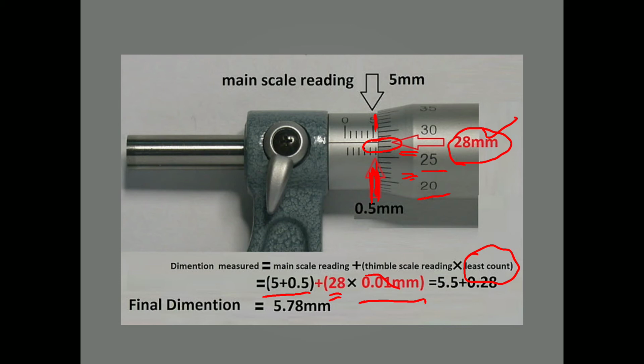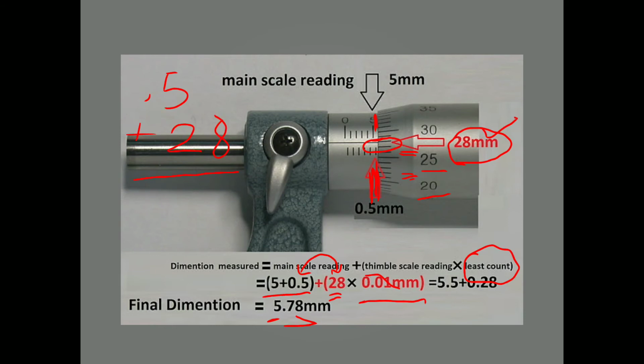So the final reading will become 5.78. This 0.78 is nothing but the addition of these two values, that is 0.5 plus 0.28 mm.